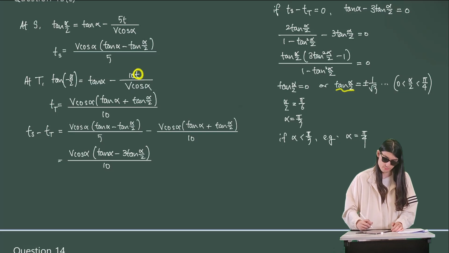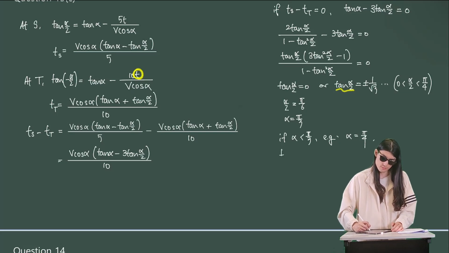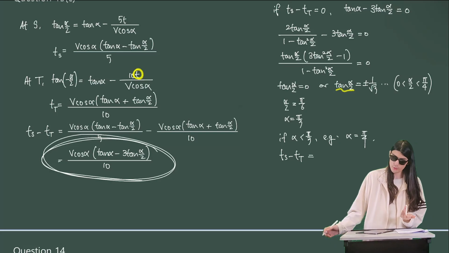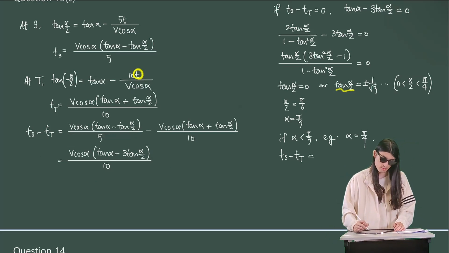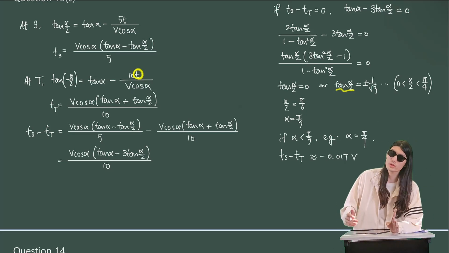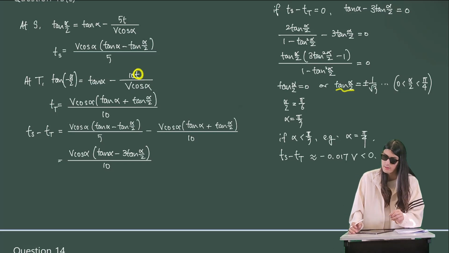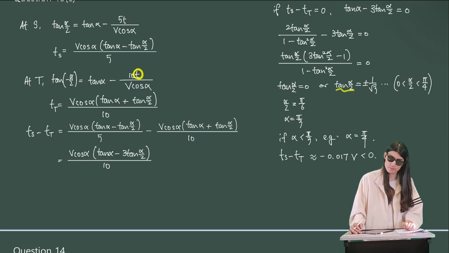Then, guys, Ts minus Tt, this expression, you sub alpha equals pi on 4 into that expression. Into the calculator, you end up finding that this is roughly equal to negative 0.017 v. And again, v, the launch speed, being positive, means the time difference is negative, less than 0. Okay?